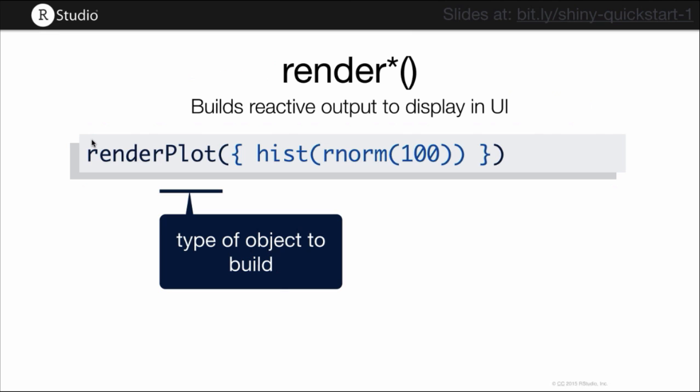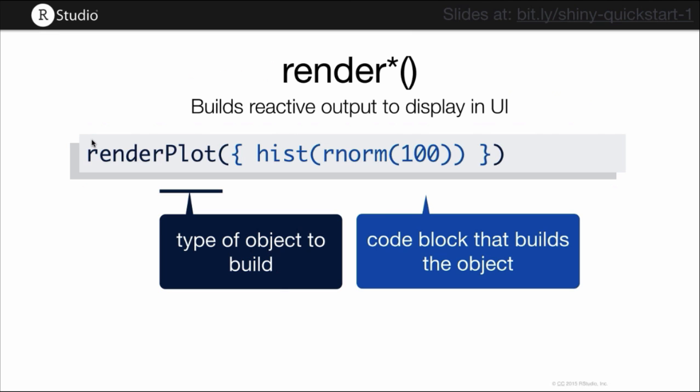The next argument of the render functions is a code block of R code that builds the object you want to make. So we know this code here will build us a histogram to render as an HTML object in our Shiny app. I'm putting braces around the code to pass it as a unified code block. What the braces let me do is put as many lines of R code as I want into the same code block to pass to renderPlot.